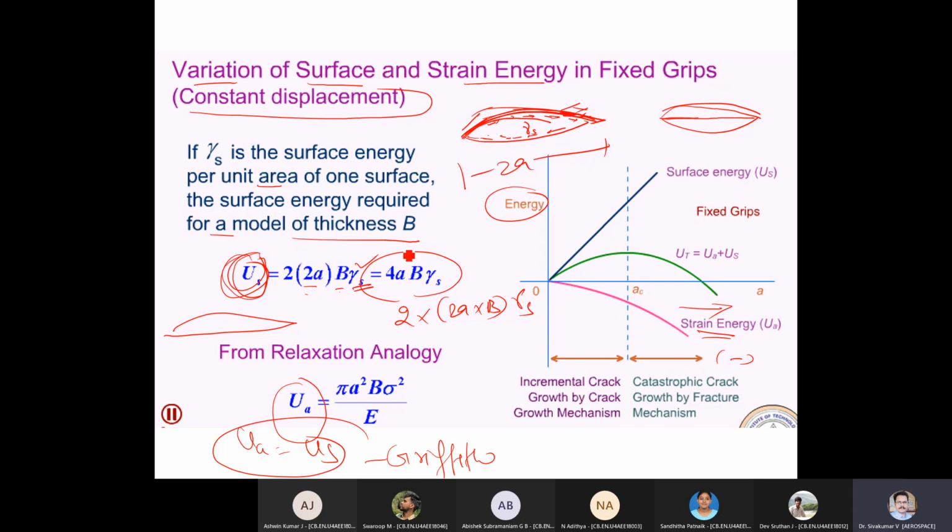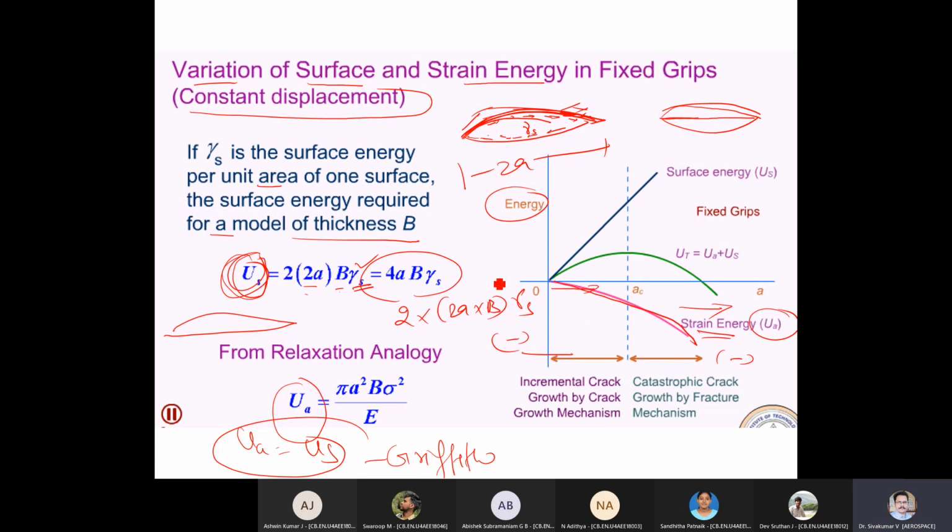As the crack length increases, the strain energy is increasing, but along the negative trend.